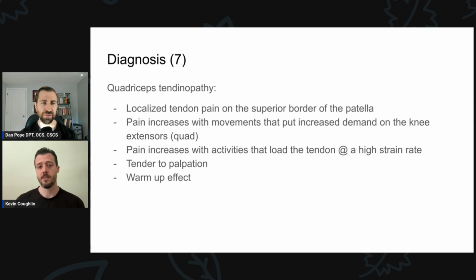And similarly to patellar tendinopathy, pain increases with activities that load the tendon at that high strain rate. So that very high load, high speed. Again, it will be tender to palpation, similar to the patellar tendinopathy. And as most tendons do, they might demonstrate that warm up effect. So something else you might want to listen for is, does that seem to be happening?